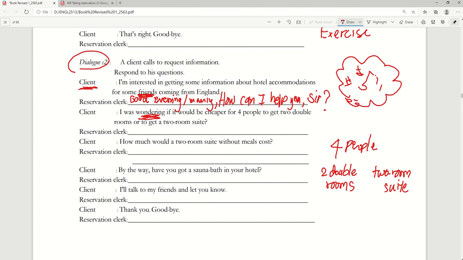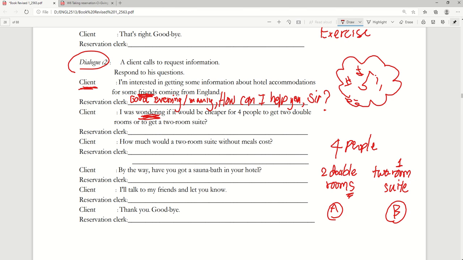Two-room suite. This is choice A, question A, and then B. A means two rooms, but B only one room. Only one room, but which type of room? Two-room suite. So it means a big room and there are two bedrooms in a two-room suite.